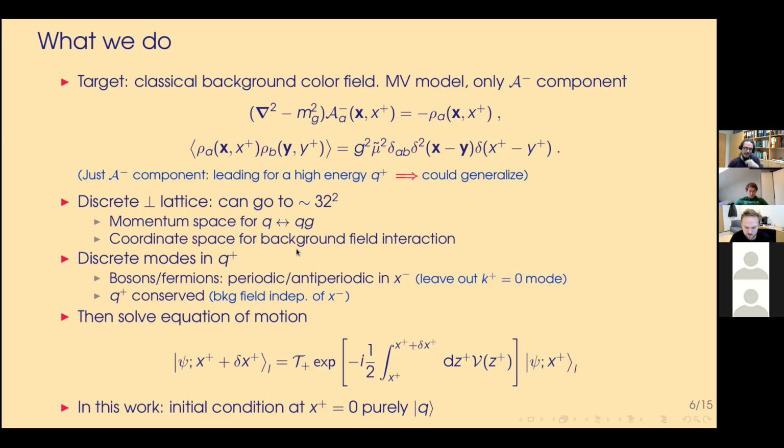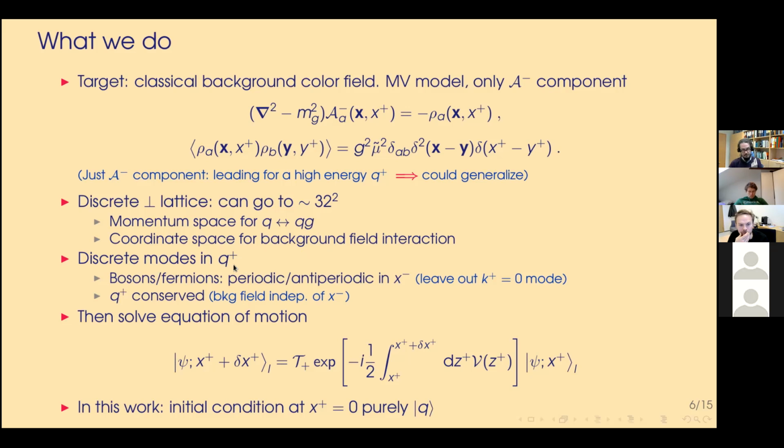On the other hand, by a Fourier transform, you can always go between momentum and coordinate space. So this lattice is also a lattice in coordinate space of the order of 32 squared points. That is convenient for interacting with the background field. And we constantly Fourier transform back and forth, because one interaction is natural in momentum space, the other one is natural in coordinate space.